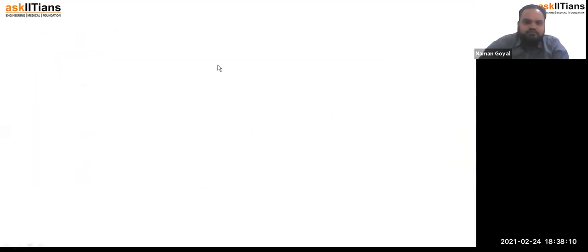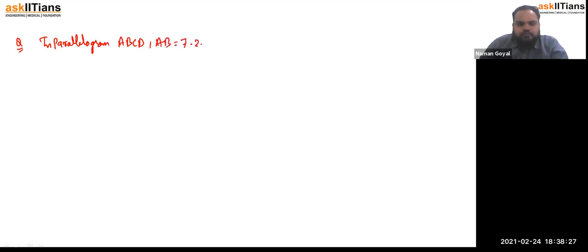So we can do some more questions. Here we have a space, so I can write a question. In parallelogram ABCD, AB is 7.2 centimeter and the perpendicular from C to AB is 4.5 centimeter.